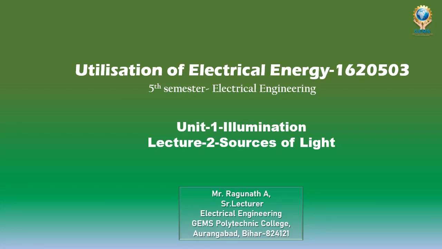In illumination, last class we have seen the definitions. In this class, we are going to see the sources of light, not all the sources. One or two we will see in this, and in this lecture I included the laws of illuminations also.